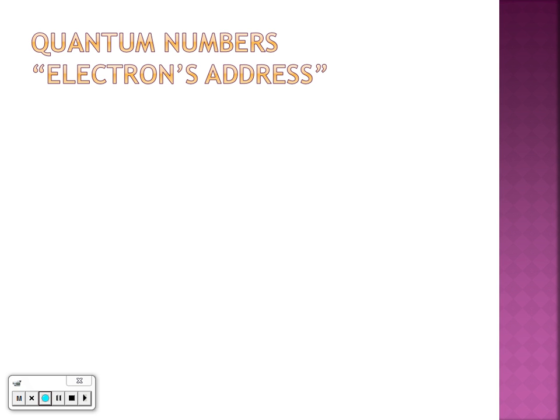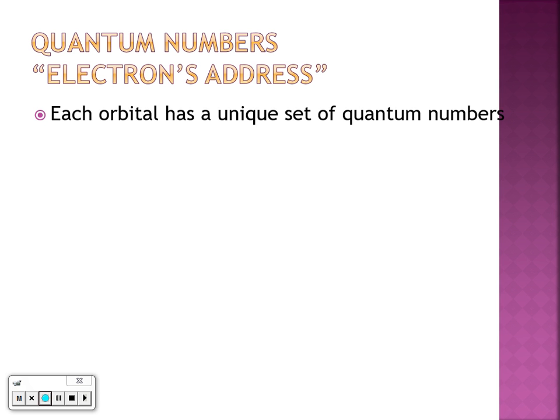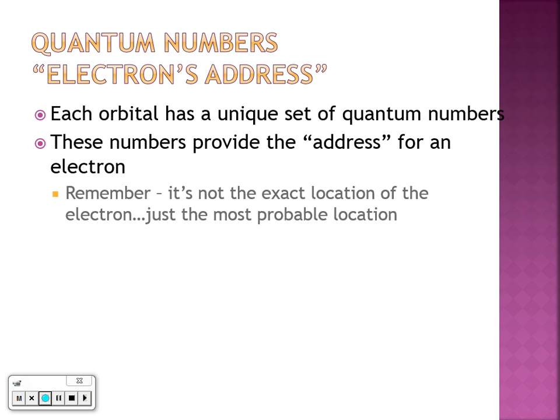That's what we will eventually end up with here using our quantum numbers. Each orbital, each area of electron probability, has a unique set of quantum numbers. Those quantum numbers distinguish that orbital from all the other orbitals. It's kind of like an address, right?